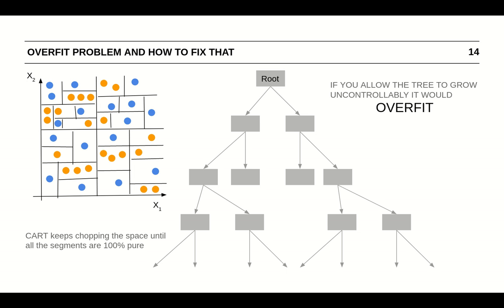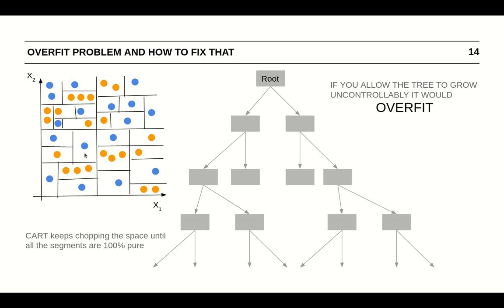So logically, when the algorithm is allowed to chop uncontrollably, it will chop the space in so many ways that each of the ultimate nodes would be left with zero Gini impurity. Each of the end nodes would be left with just a homogeneous class of elements.